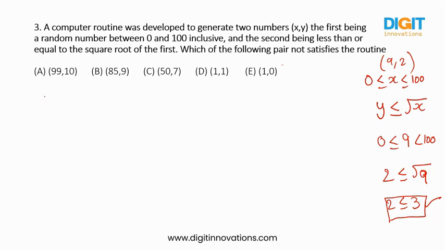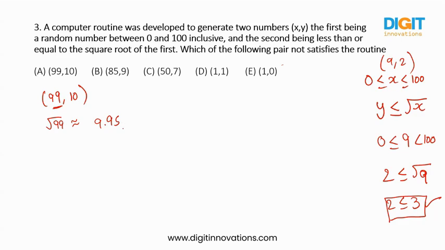Okay. So I'm taking x as 99 and y as 10. So let us see. First, x is in between 0 and 100, accepted. First condition is accepted. Next one, y should be less than or equal to square root of x. First of all, let us find square root of x, which is 99. It would be approximately 9.95.